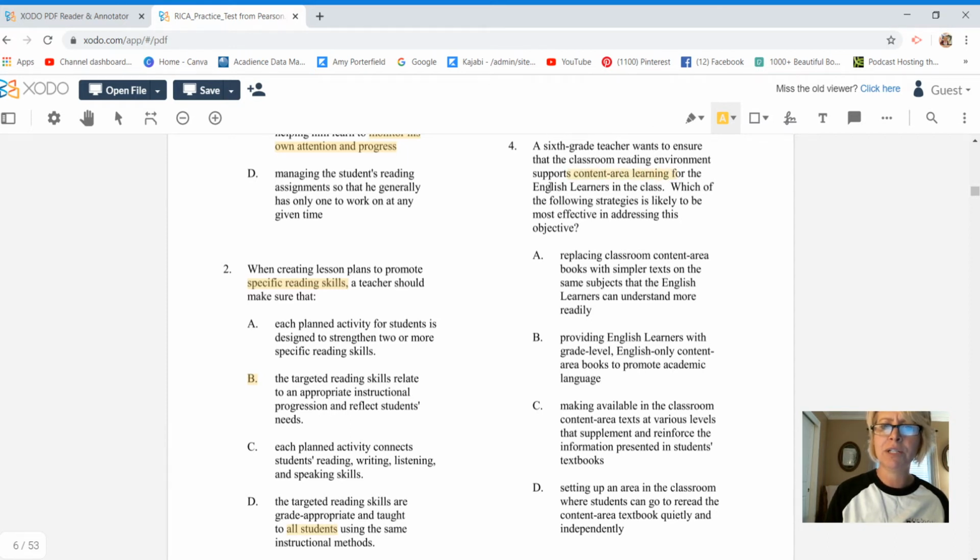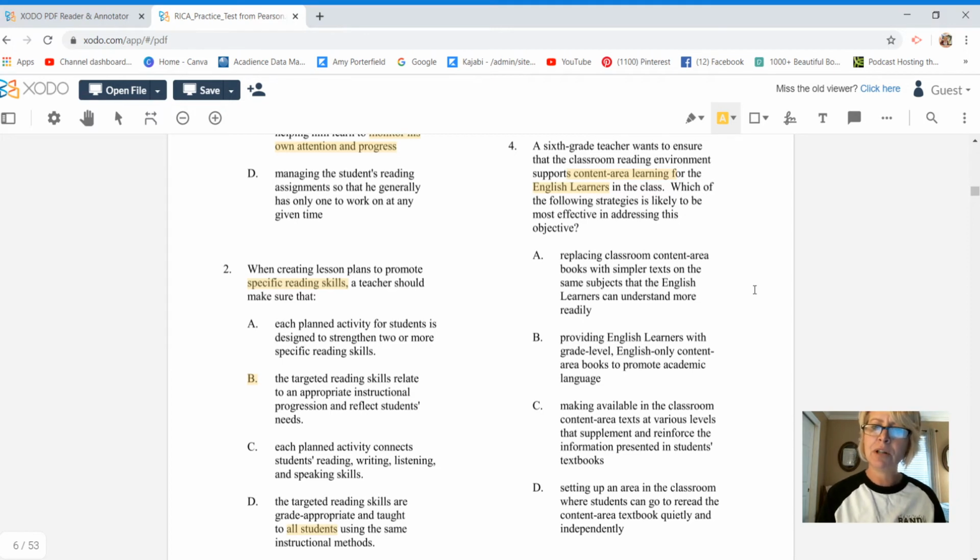We're talking about content area learning for English learners. And we know that when we are studying for a competency exam, the English learners are one of the important profiles that we need to know how to address. And we are looking for the strategy that will be most effective in helping our English learners with this.